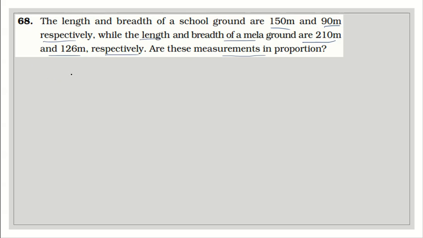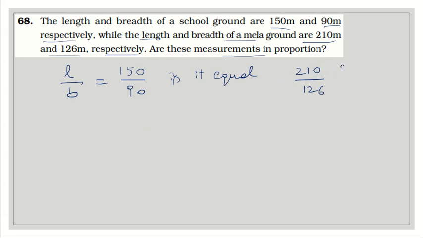If you want to say, I must have the ratio of length to breadth of each ground and Mela being in the same ratio. That means, is 150 by 90 equal to 210 by 126? This is the question. Are these two ratios equal?